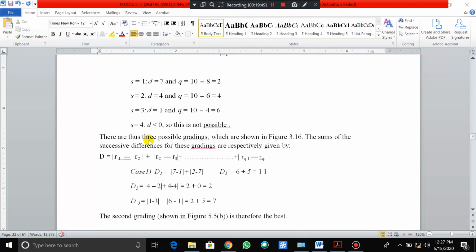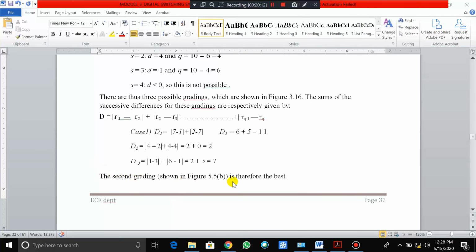Thus there are only three possible gradings, which are shown in the figure. The sum of successive differences of these gradings is given by this equation, and we have d1 as 11, d2 as 2, and d3 as 7. Just substitute the values and find out the answer.